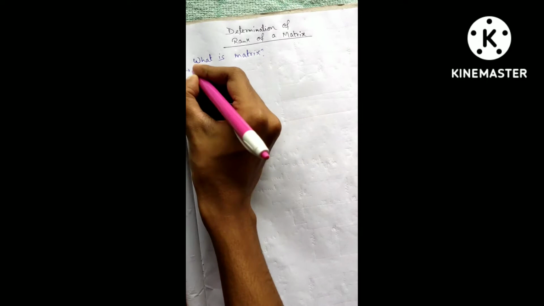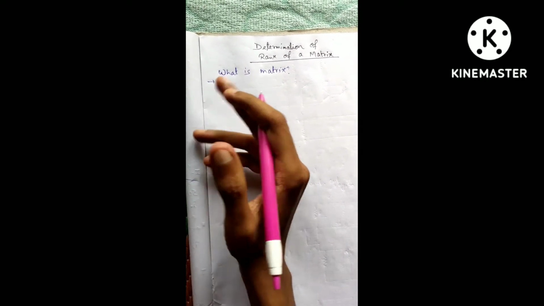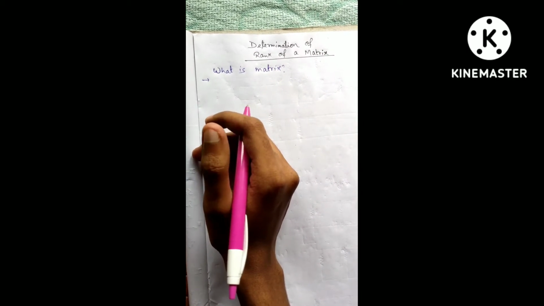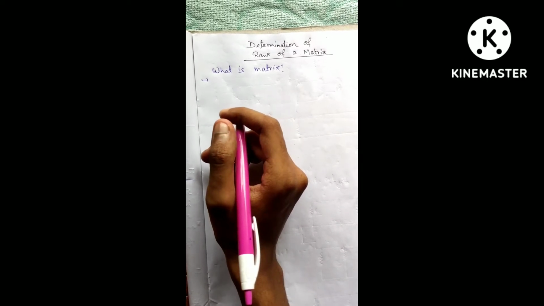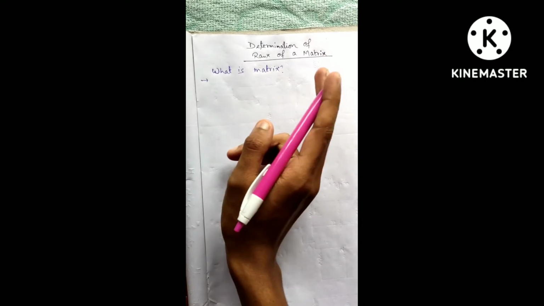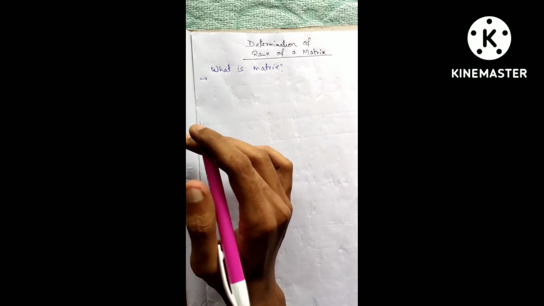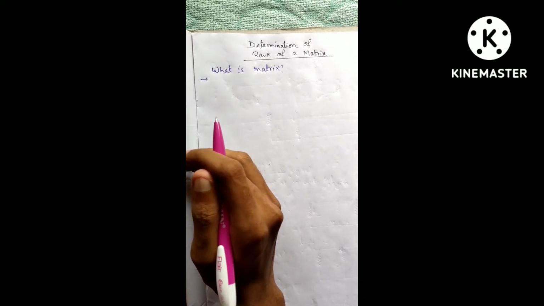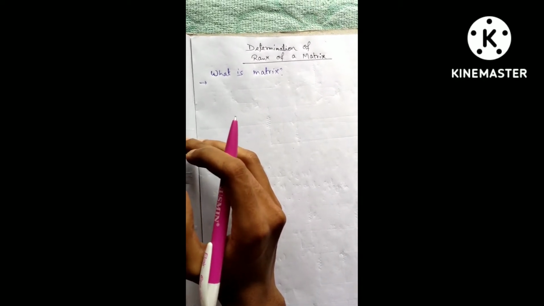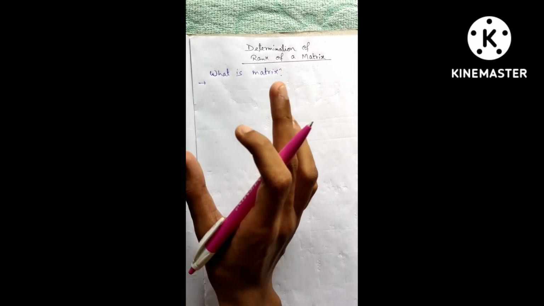A matrix is merely an arrangement of some numbers in different rows and columns. Suppose you have some numbers, let A, B, C, D or 1, 2, 3, 4, 5, etc. You want to arrange the numbers in a manner.